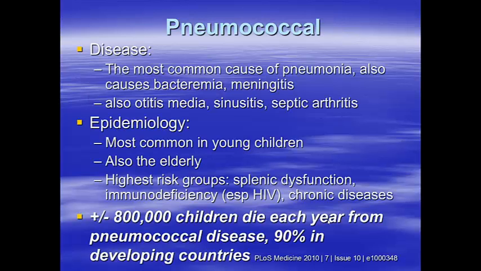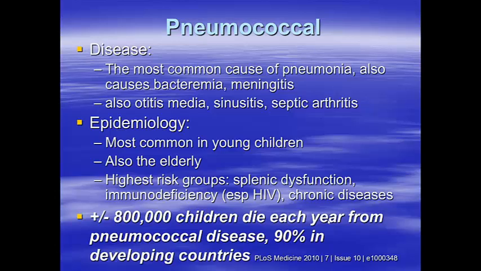Common cause of pneumonia, but also bacteremia, that's bloodstream infection, and meningitis, that's brain infection. Also causes middle ear infection, sinus infection, joint infections, and right now it's the commonest cause of bacteremia or meningitis in young children. Not only does it affect the young, but it can affect the elderly as well.